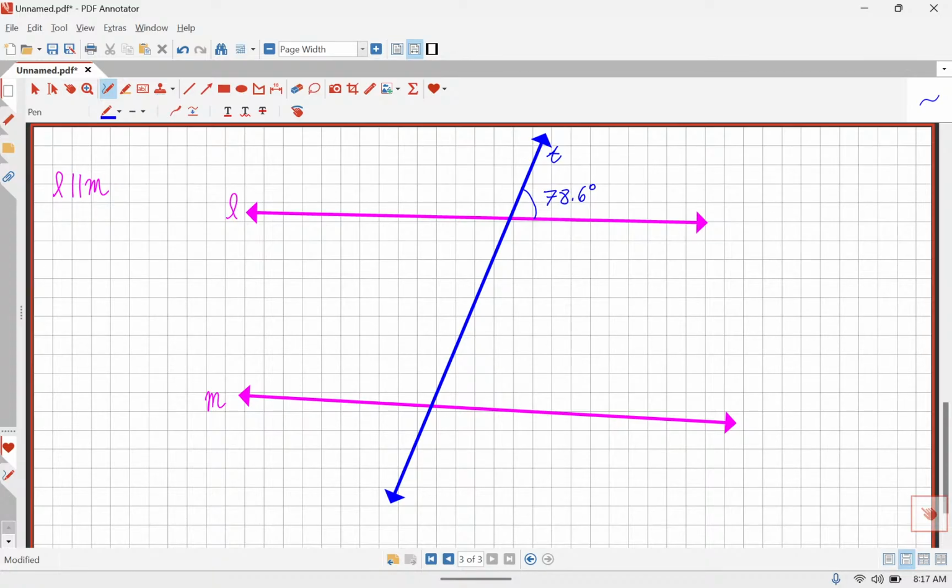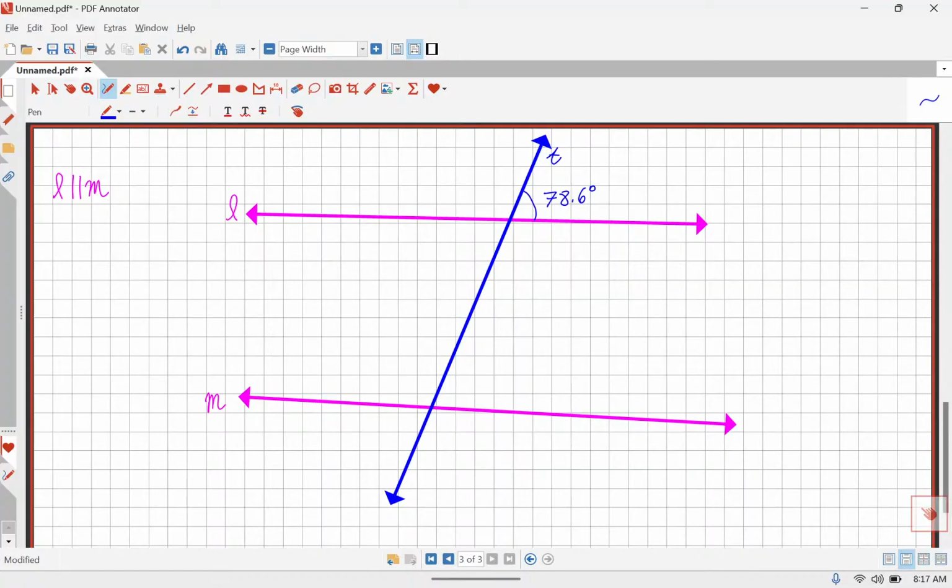You guys can tell me the measure of literally every other angle you see, since I know that L is parallel to M. Give it a try and teach!